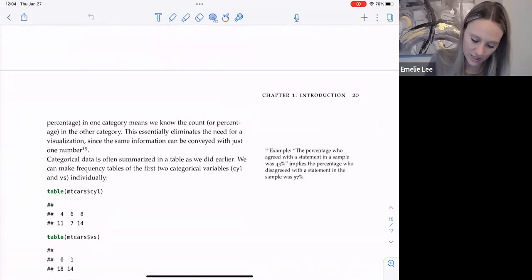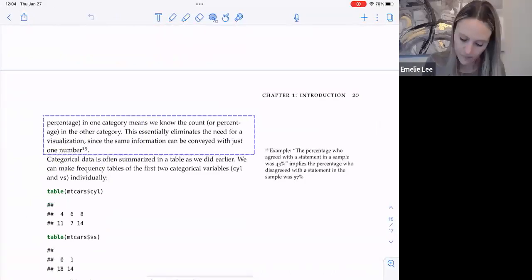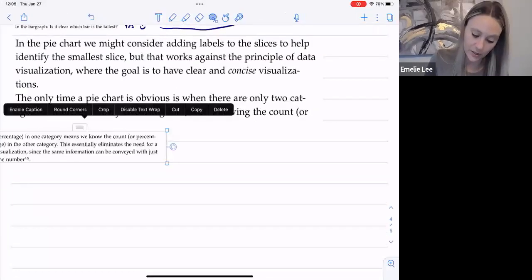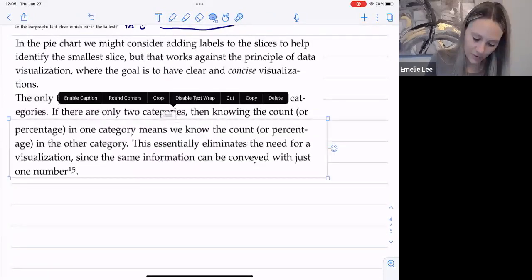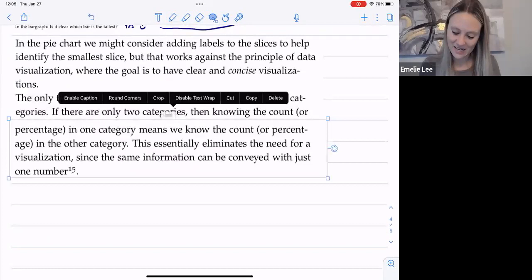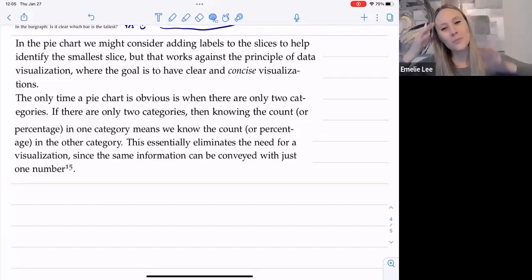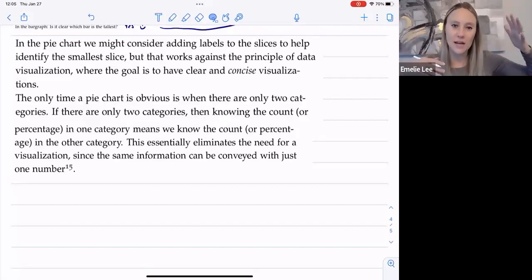Or if we think about percentages, right, knowing the percentage of one, for example, if I tell you that the percentage of the class that will pass this course is 90%, your brain automatically goes, 10% of us are going to fail? Well, I just made that up, right? But our brain does a good job of splitting into 2. If there's only 2 outcomes, then we only need one number to figure out the other one, right?